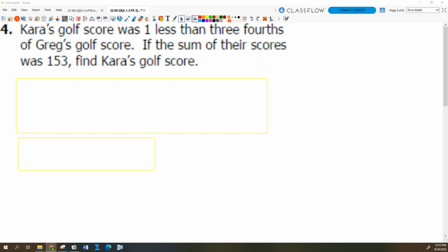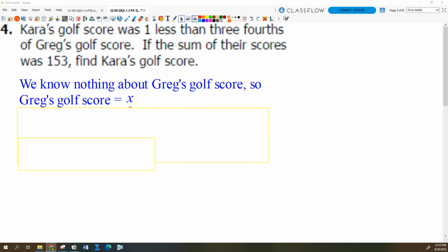One of them we know nothing about. Whose do we know nothing about, Kara's or Greg's? Greg's, right? We know Kara's golf score was 1 less than 3. Well, that's telling us something about hers, isn't it? So hers we know something about compared to his. His we know nothing about. So we're going to let Greg's golf score equal X because that's the thing we know nothing about.